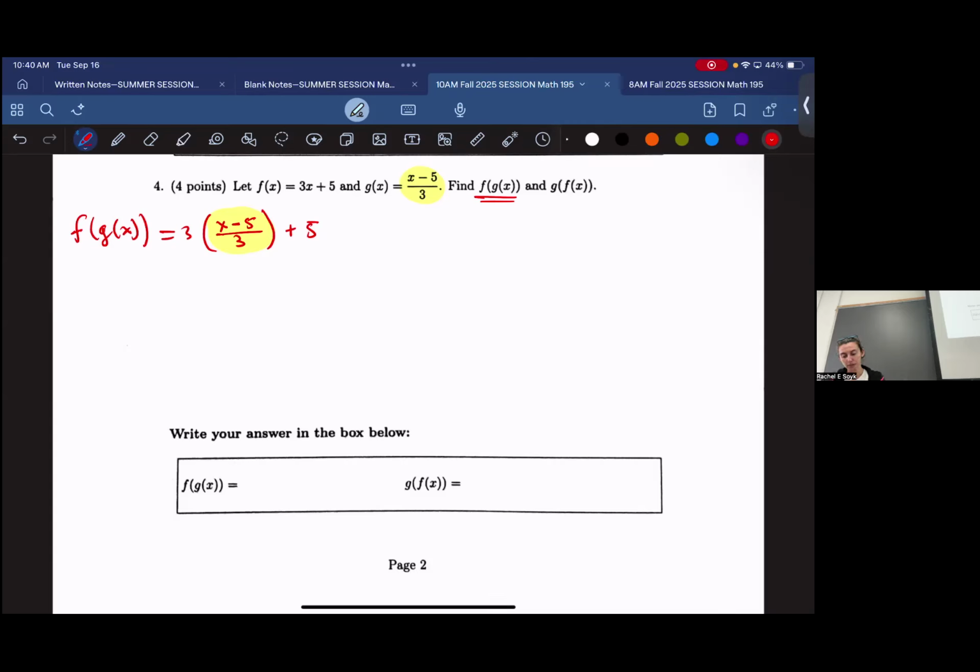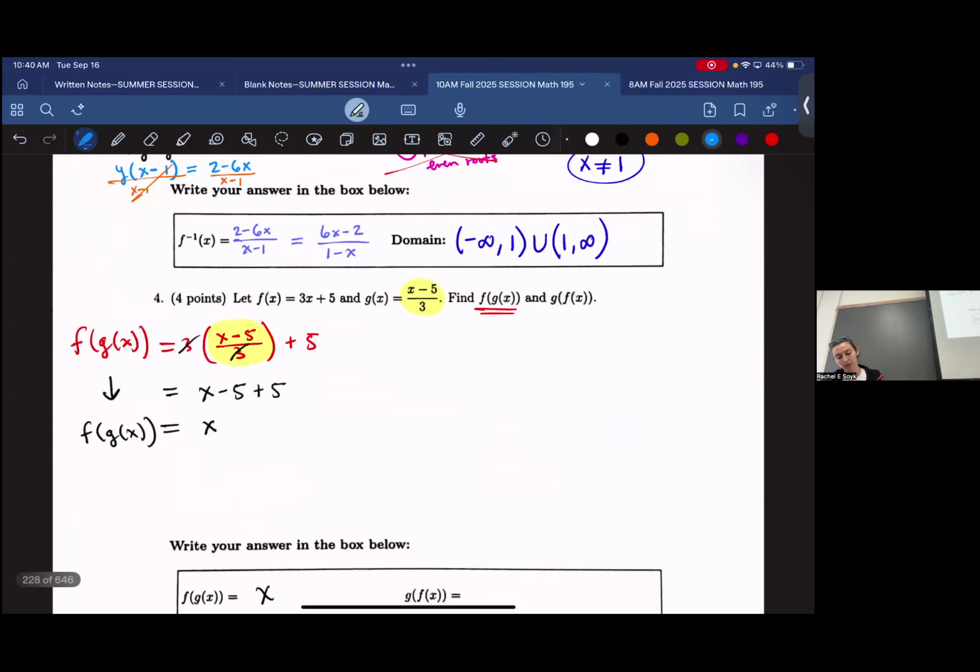And then you just want to simplify. Lucky for us, 3 divided by 3, dealing with products here, those cancel out. So we really just have x minus 5 plus 5, which just gives us x. Sorry.